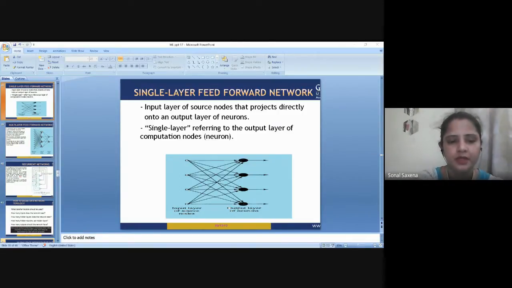Now the radial basis function neural network is applied extensively in power restoration systems. And in recent decades, power systems have become bigger and more complex. Now, this actually increases the risk of a blackout.